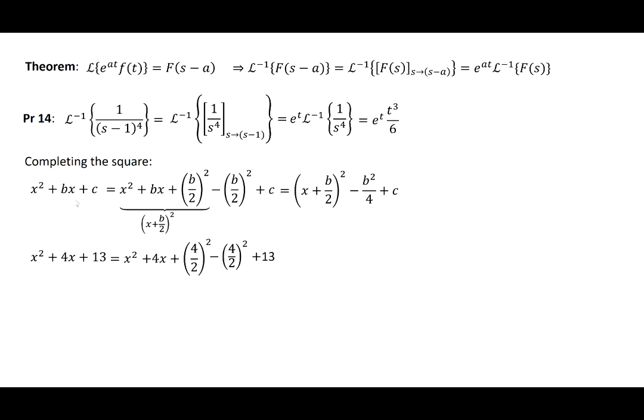And subtracted (4 over 2) the quantity squared, and there was a plus 13, added that 13. Now what perfect square do the first 3 terms make up? 4 over 2 is 2. So this is (x plus 2) the quantity squared. And this is a minus 4 over 2 is 2, 2 squared is 4, plus 13, (x plus 2) the quantity squared plus 9. That's it.